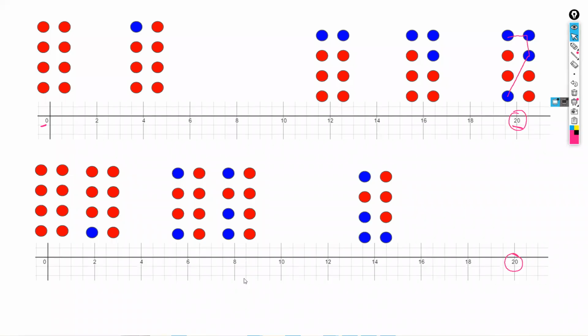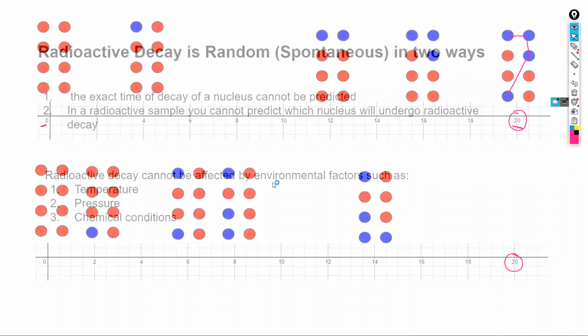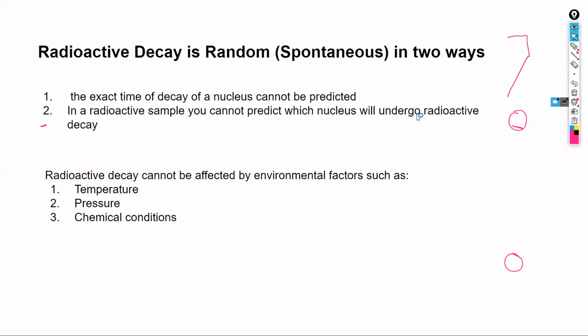All right, so let's see the summary to all of this. And this is what I was trying to say with all those fancy diagrams. Radioactive decay is random. In some textbooks, they use "spontaneous" instead of random. They basically mean the same thing, right?